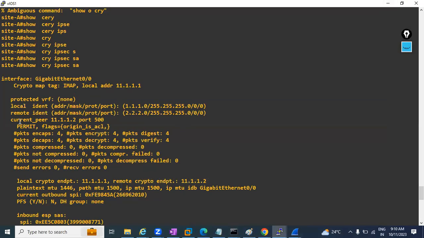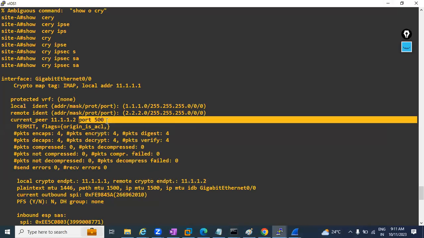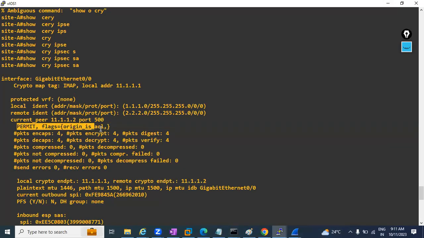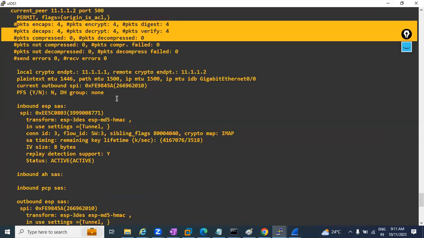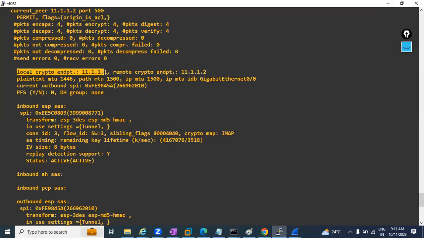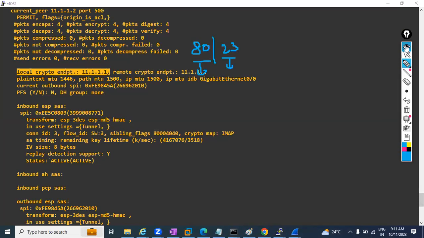Okay. After that, who's the current peer? The current peer we have only defined, which is 11.2 and port number 500. The permit ACLs and all, note them now because we haven't covered this concept. These are the packet counts here: how many packets are getting encrypted and decrypted. Local crypto endpoint is 11.1 because we have two sites.